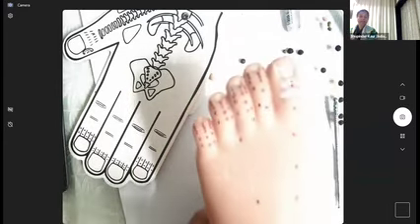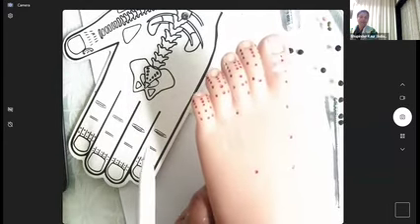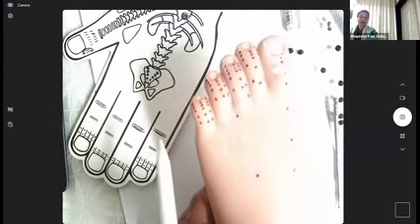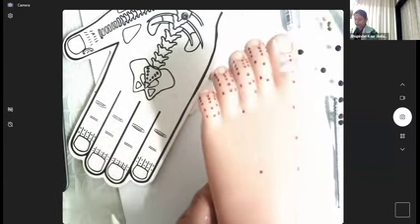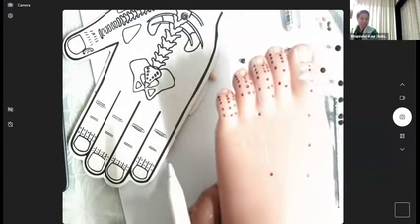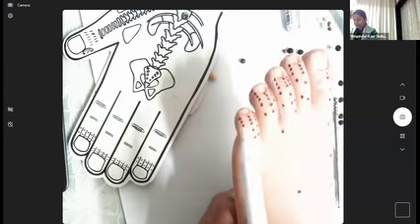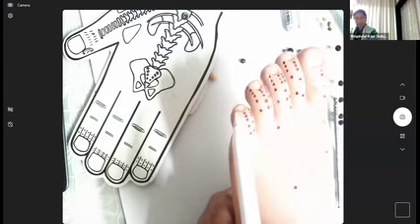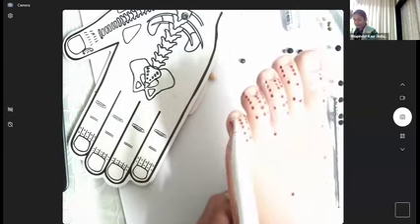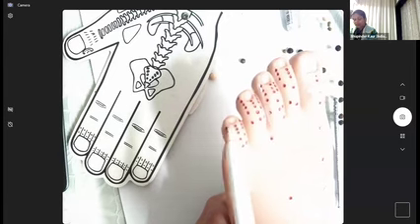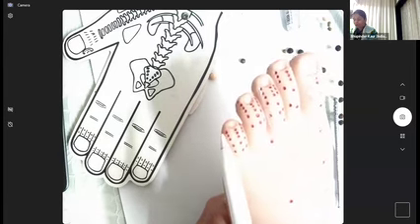One more point, it is very effective for all kinds of back pain and leg pain. This point, you see the nail, and near the nail, three fenugreek seeds in a line in a horizontal pattern.